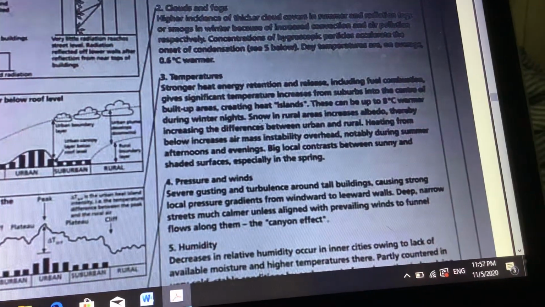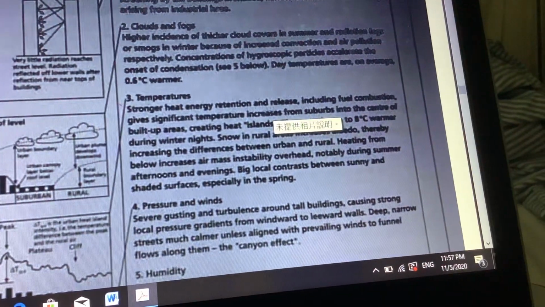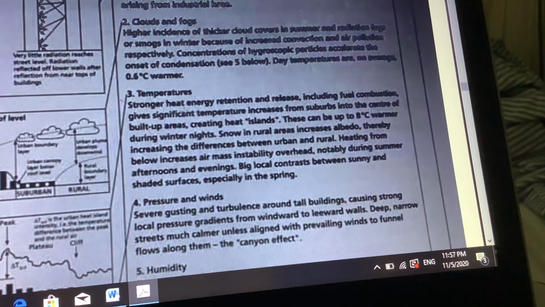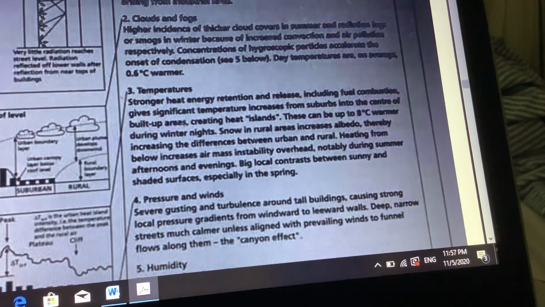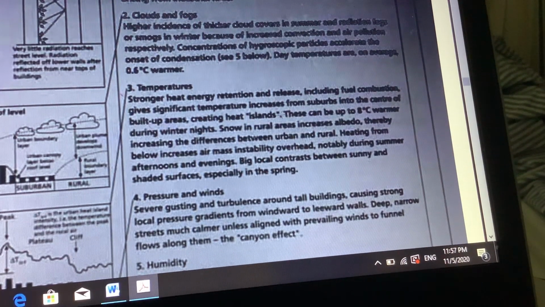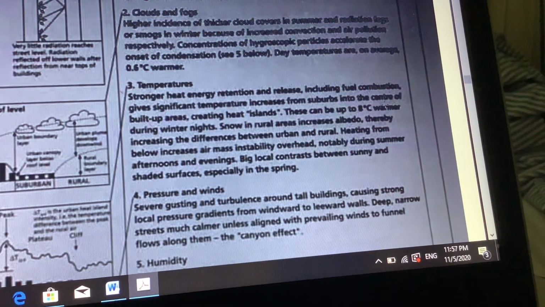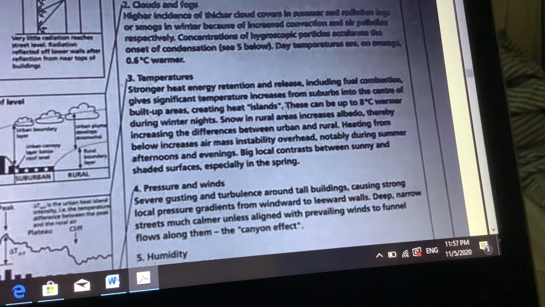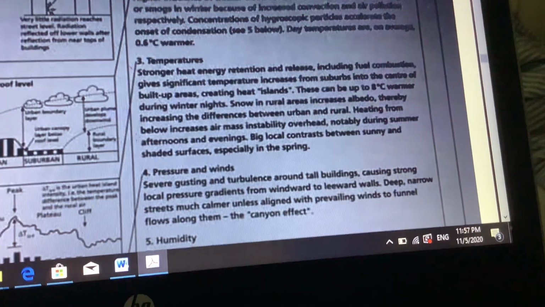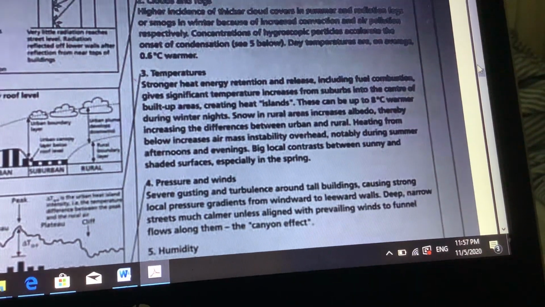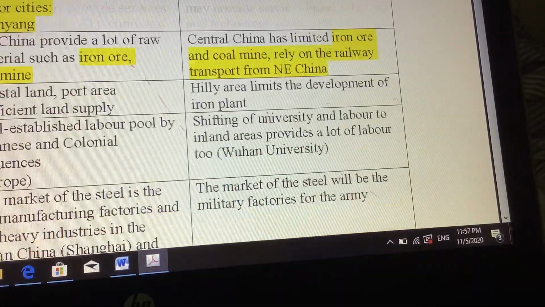What are the reasons? This one, temperature: stronger heat energy retention and release, such as fuel combustion, giving a significant temperature increase from the suburb into the center of the built-up area, causing a heat island, which can even reach 8 degrees. Too many to talk about for Chapter 7, because this one is Chapter 4.